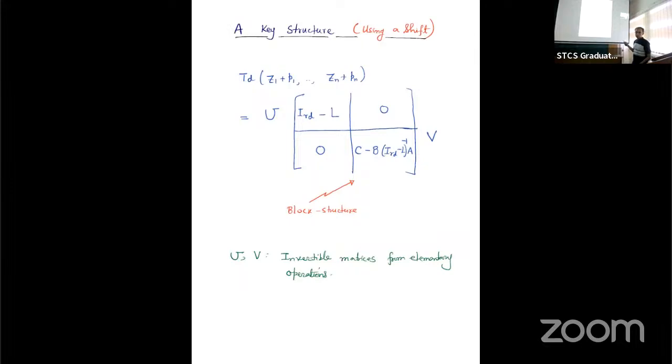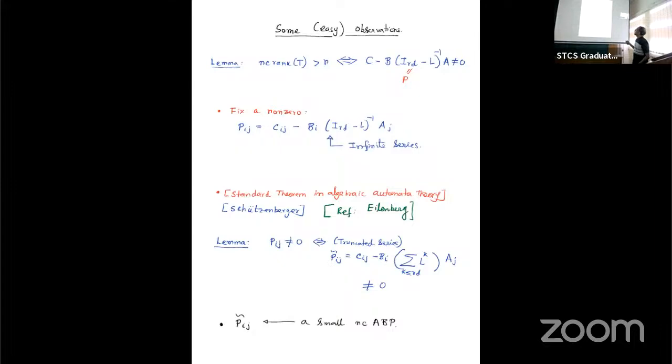So it's in that form for some matrix B and some matrix C. This is the connection you can easily prove: if NC rank can be increased, then this right diagonal entry must be non-zero. Otherwise, you have already achieved the maximum witness possible.